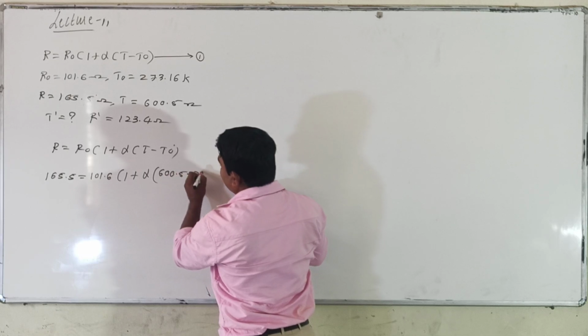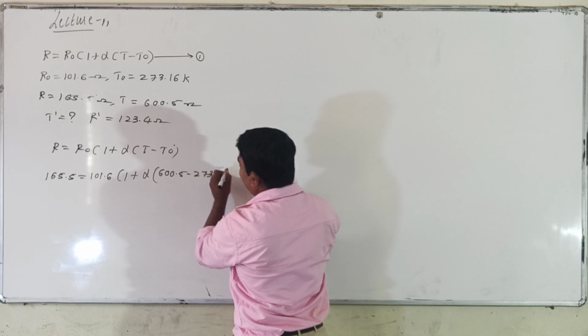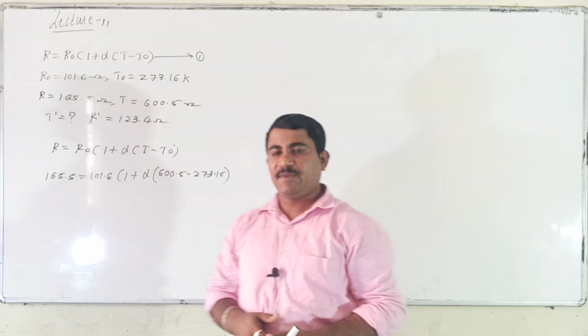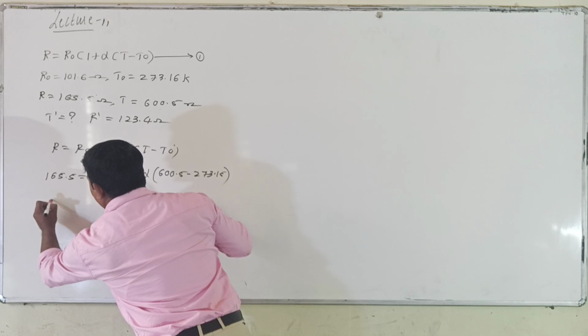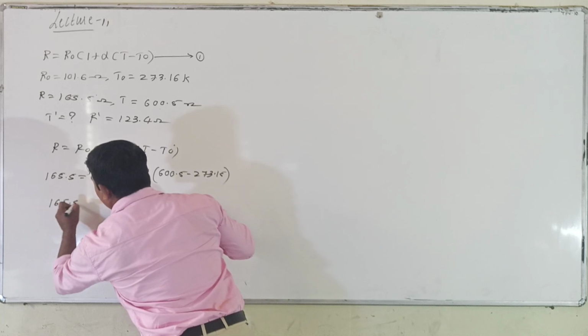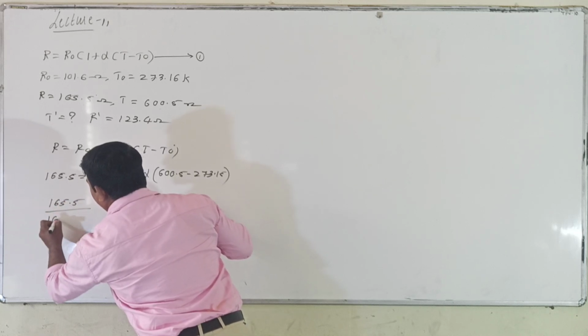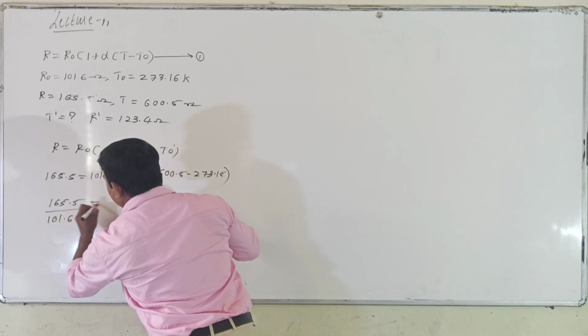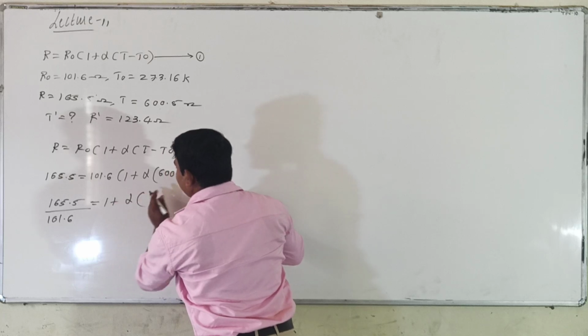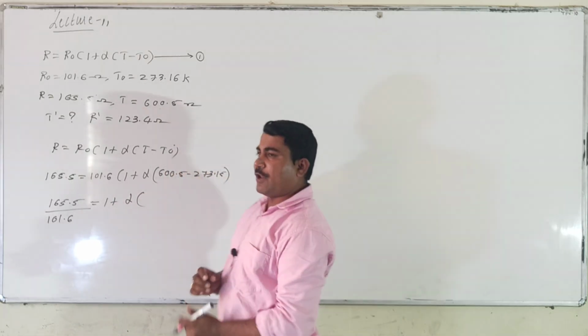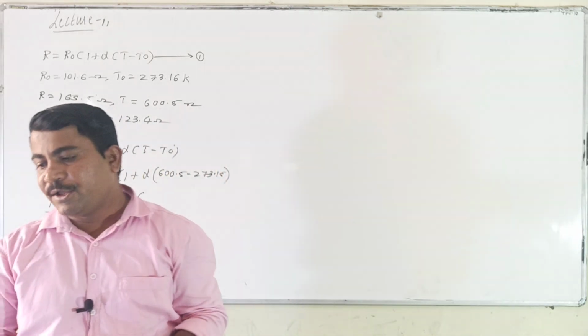600.5 minus 273.15. Are you following this? Again, shall I solve here for alpha? 165.5 whole divided by 101.6 equal to 1 plus alpha, this value 600.5 minus 273.15.